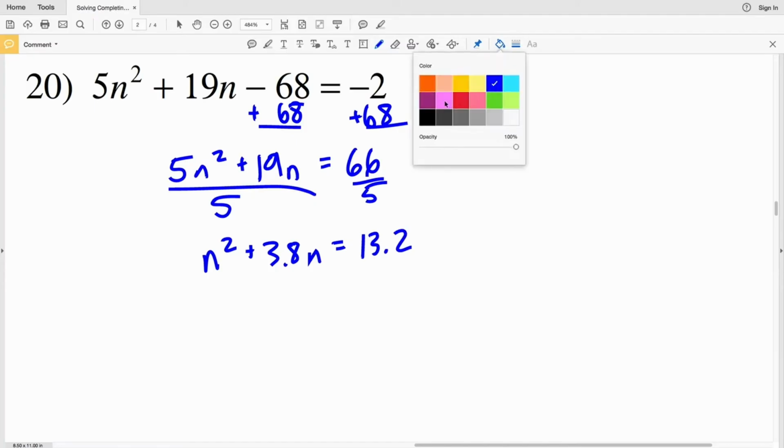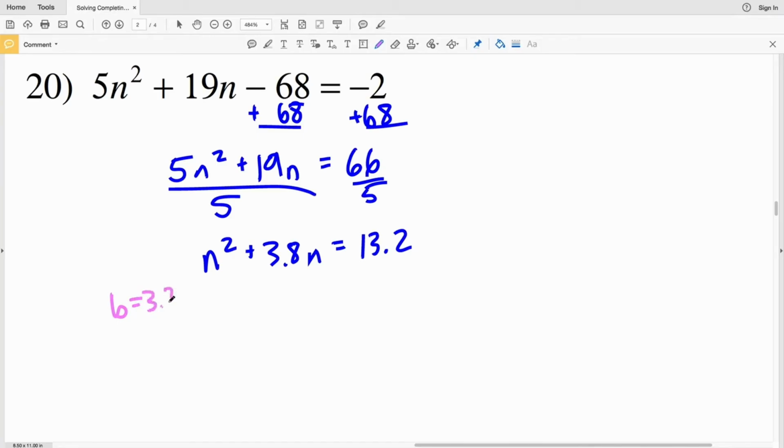Now I need to complete that square on my left-hand side. My b value is a positive 3.8, so my c value will equal 3.8 over 2 squared, which 3.8 divided by 2 is 1.9, and when I square that, I'll get 3.61. So remember that my b squared value is going to be 1.9 squared.